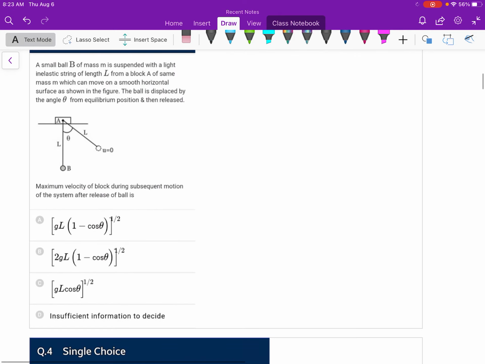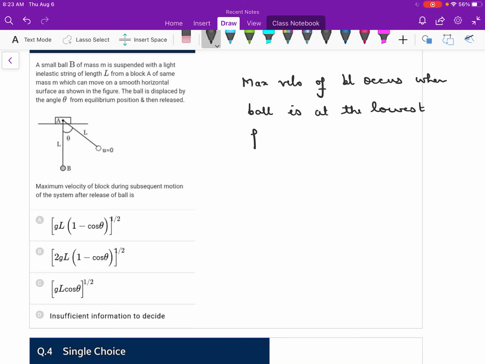The ball is displaced by the angle theta from equilibrium position and then released. Maximum velocity of block occurs when ball is at the lowest position, since the net external force in horizontal is 0 for ball plus block system.